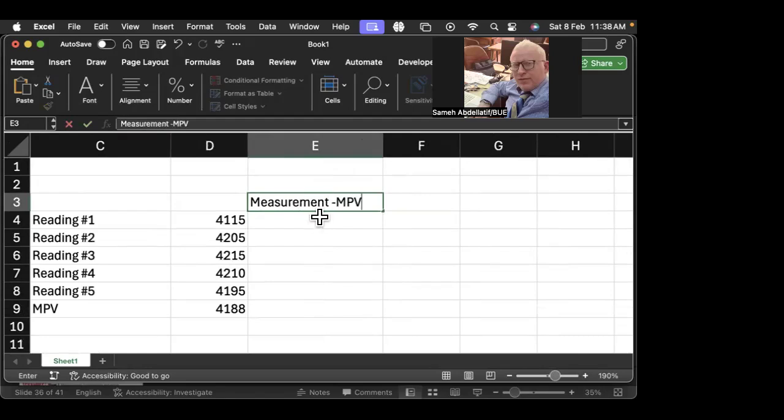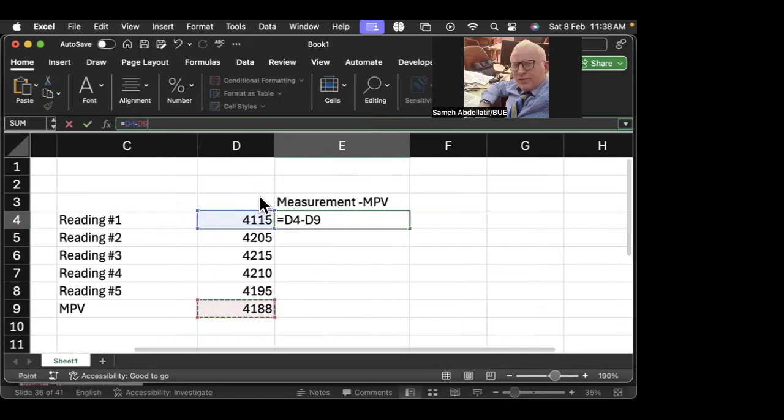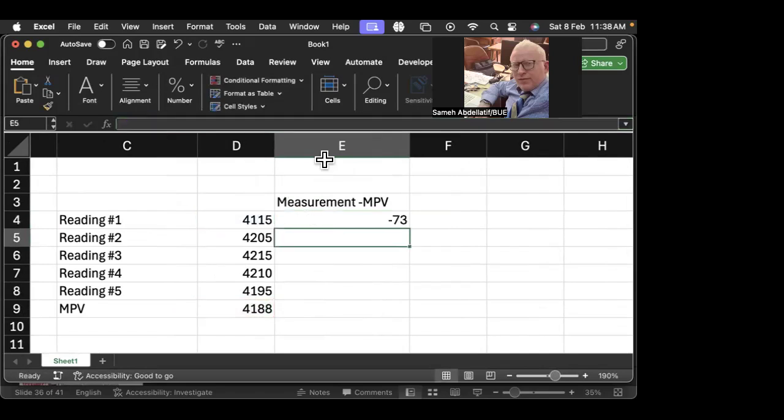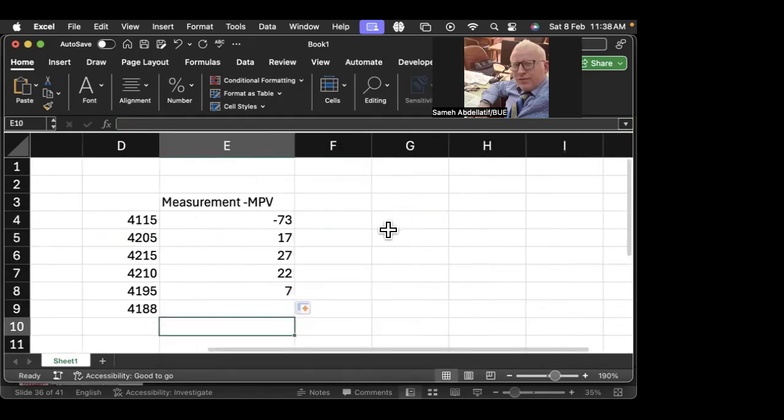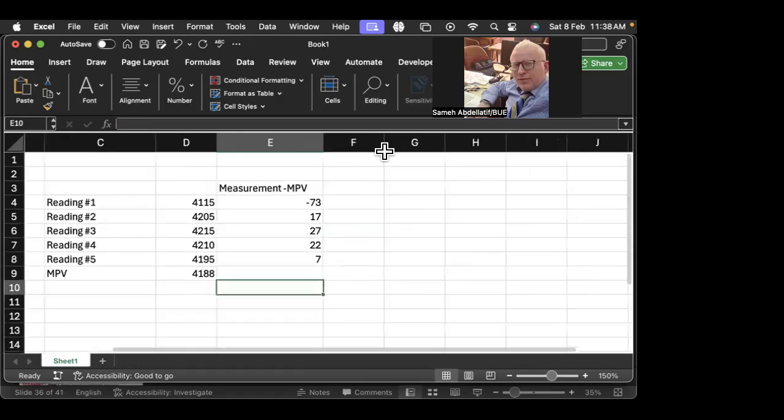So what I will do here is just this number minus this number, and I can just use the $ sign on the second cell to fix the reference. And then we should square it.